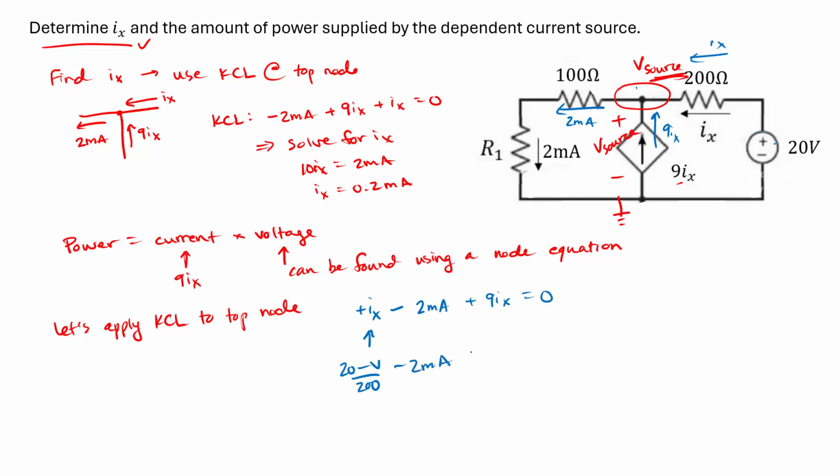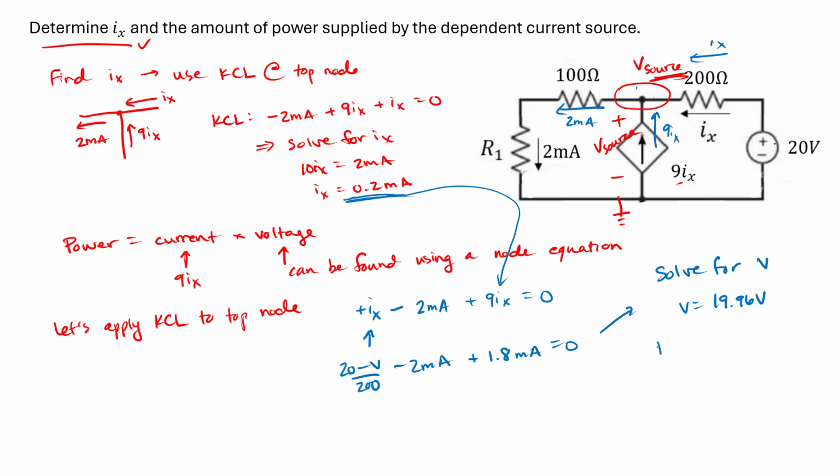And then 9Ix will be plus 1.8 milliamps, because Ix is 0.2. And we can determine in this case that (20 minus V) over 200 must equal 0.2 milliamps. And so if we solve this for our voltage, we'll determine that V is actually going to be 19.96 volts.